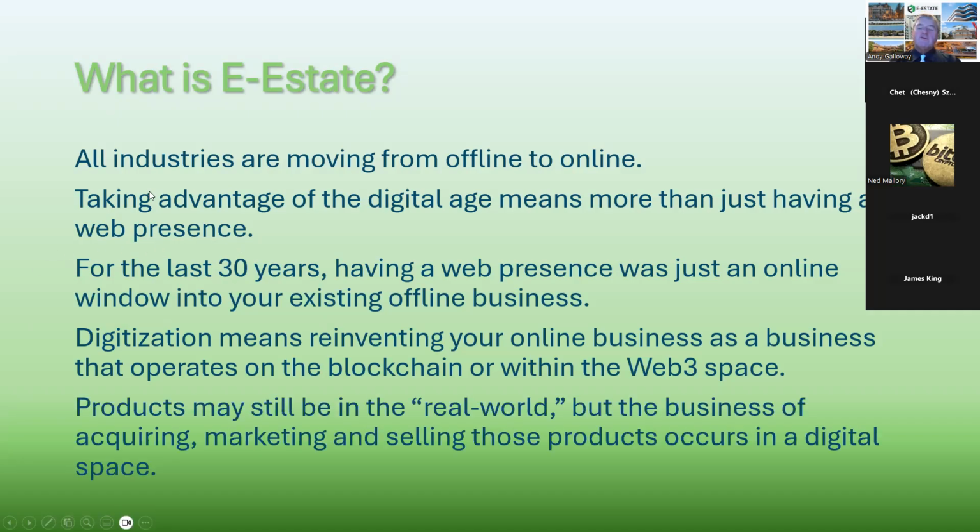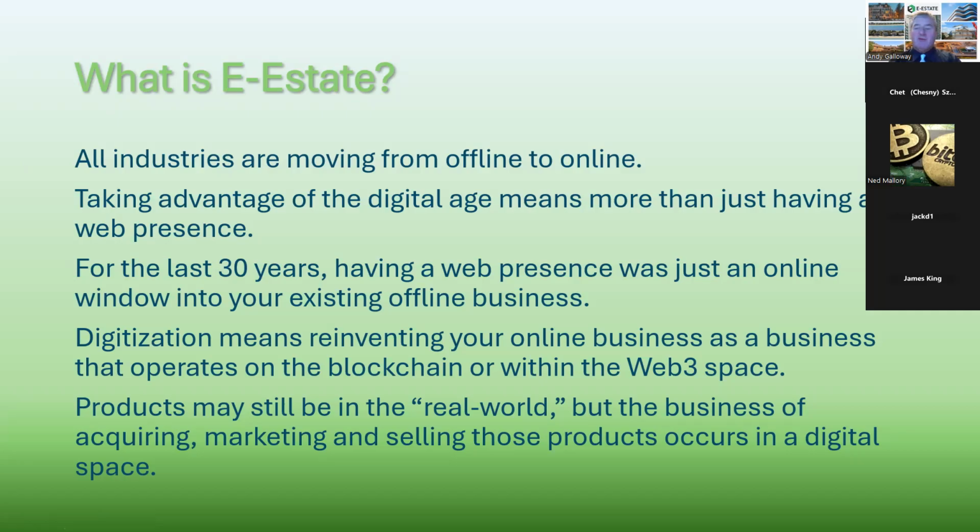So the products are still in the real world, but all of the legal stuff, the ownership and everything else, is done in a digitized world, which you can do through your computer, your laptop, your PC. You can even do it on your phone. You can buy part of a real estate product on your phone. So it's very, very accessible for ordinary people, which is why the lid on real estate is being blown off, because it's no longer a big boys club.